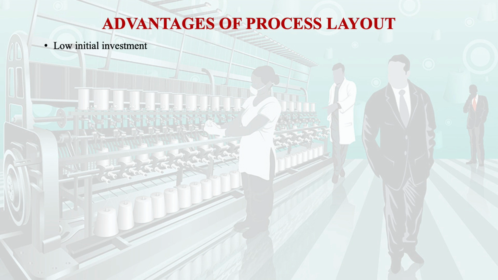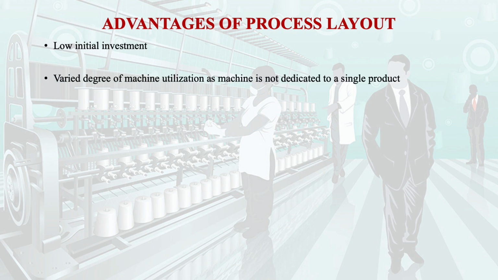Now, what are the advantages of process layout? Here, there is a low investment. Various degrees of machine utilization can be achieved because a machine is not dedicated to a single product. Greater flexibility: we can expand our facility because we have a separate space in each cell.